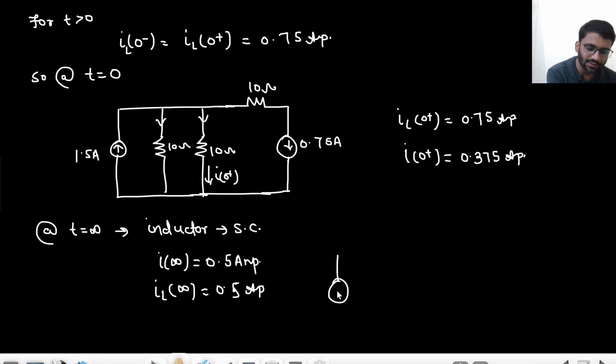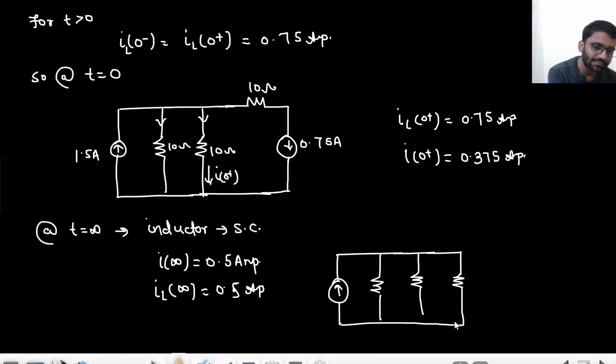Because this 1.5 ampere current is getting divided into 3 resistances, each 10 ohm, that is 0.5, 0.5 and 0.5. So basically I can write down the expression for both of the currents.